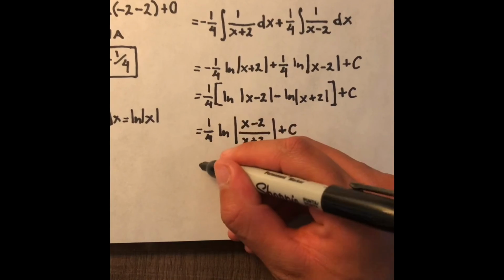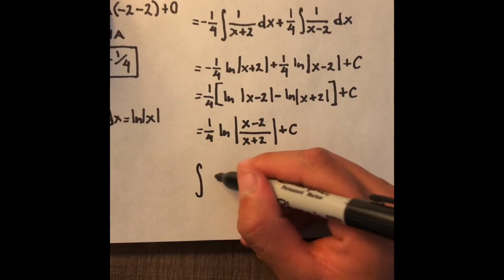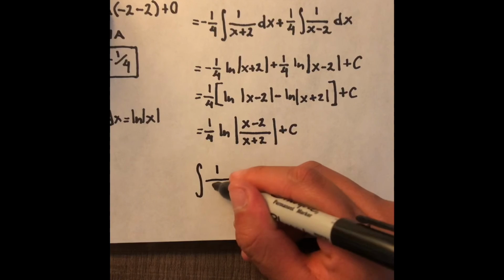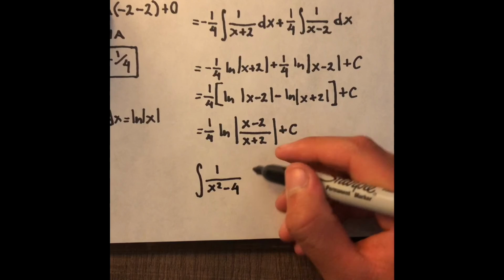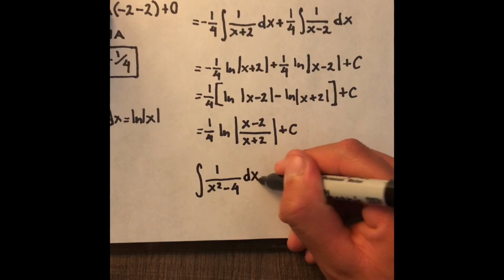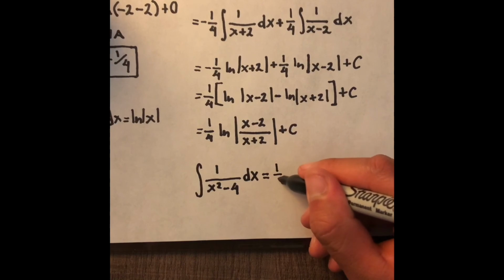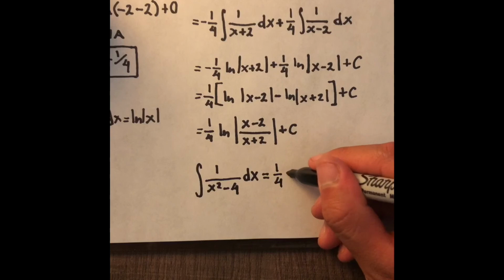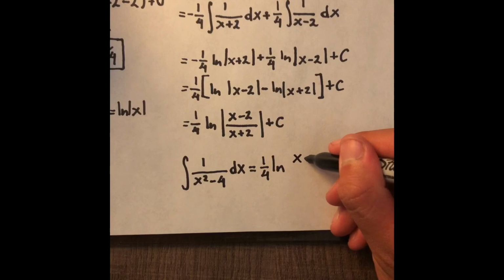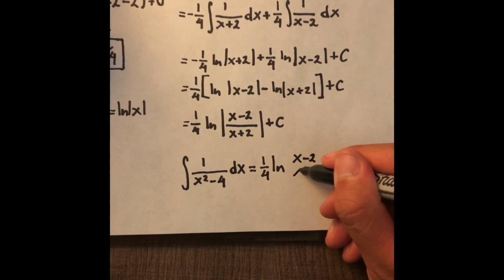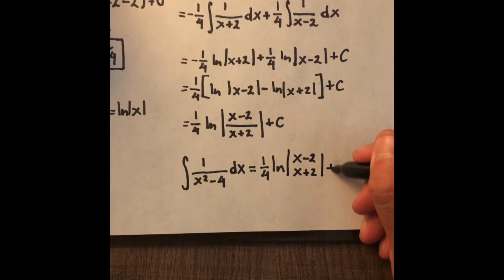So we can say that the integral of 1 over x squared minus 4 dx is equal to 1 over 4 natural logarithm of the absolute value of (x minus 2) over (x plus 2), plus our constant.